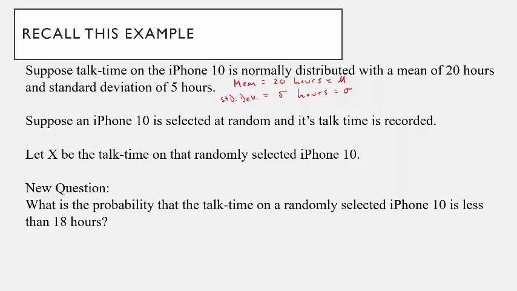So talk time here is a continuous random variable. We let x be the talk time on that randomly selected iPhone.